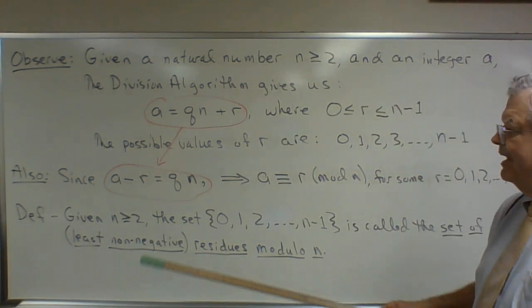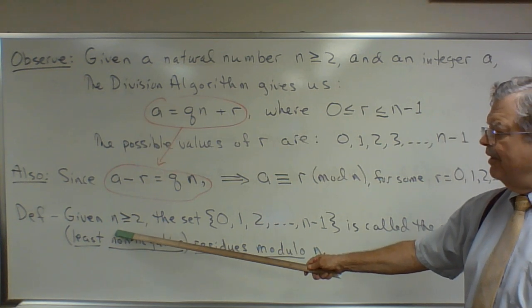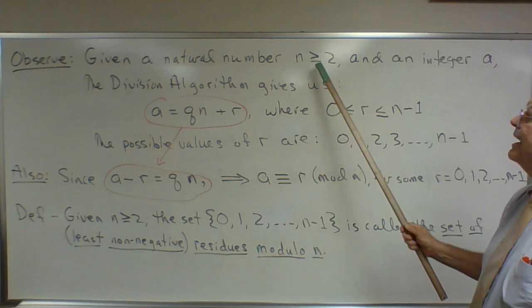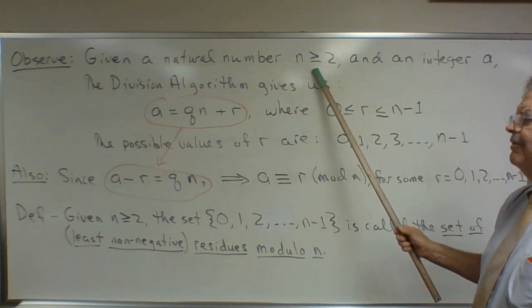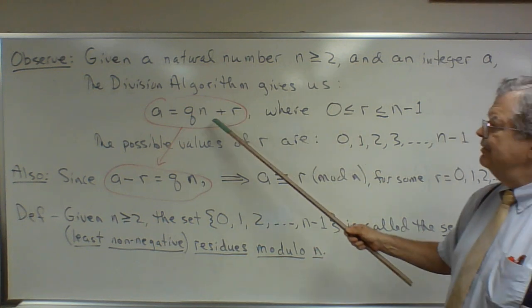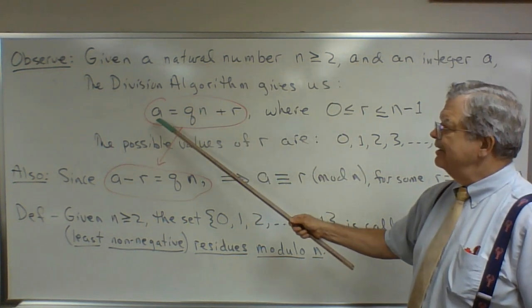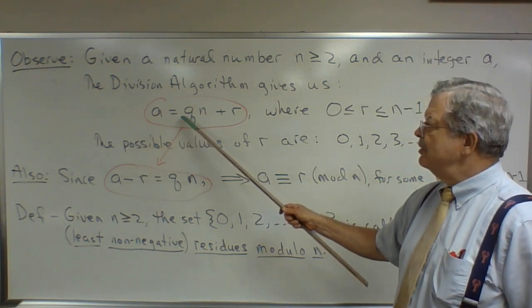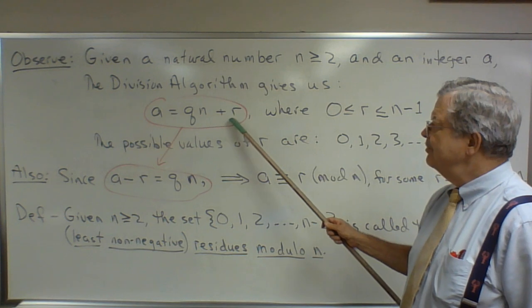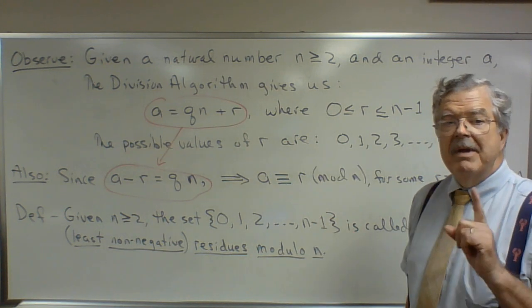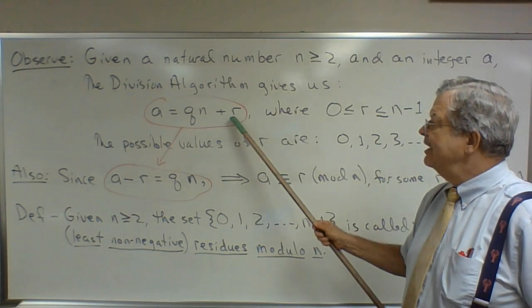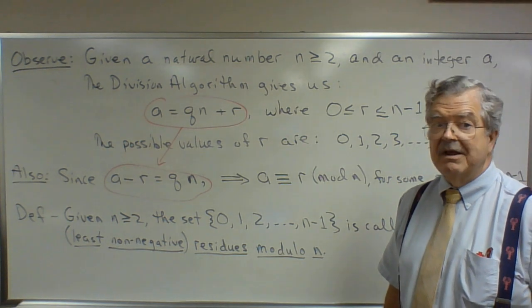We're back again, and I'm going to give a definition, but before I do, let's backtrack a little bit. Remember, we had a natural number n greater than or equal to 2, and we were using n as a divisor to divide a. And the division algorithm gave us that a is equal to some quotient times n plus a remainder r. And remember, the division algorithm tells us that this quotient and this remainder are unique.